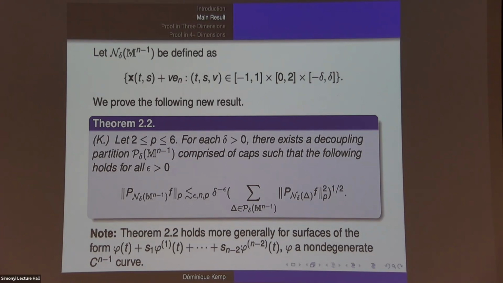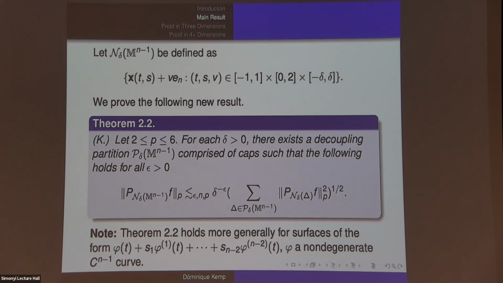So you would have some set, and the idea is that relative to this normal vector, the cap is going at most delta.